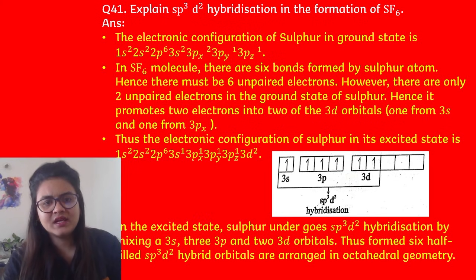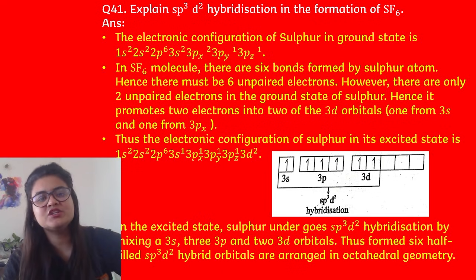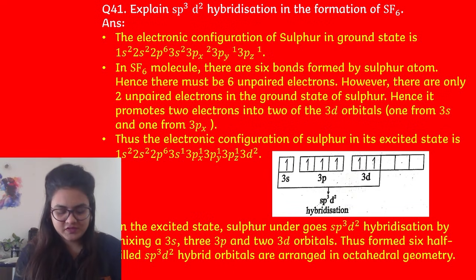So here what happens is unpairing of electrons. We need 6 unpaired electrons to accommodate 6 fluorines, right? From 3s and 3p, electrons get unpaired and are sent to 3d. So initially it was something like this.